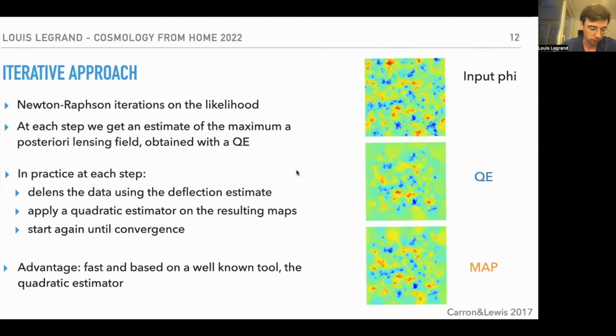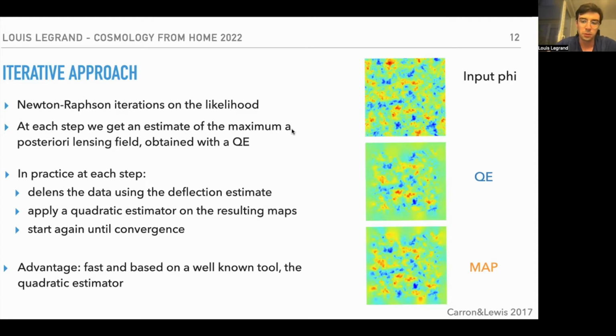So this iterative approach, you iterate with a Newton-Raphson algorithm on the likelihood. So you compute the gradient of the likelihood to get to the next step, and then you compute the gradient again until you converge and your gradient is 0.